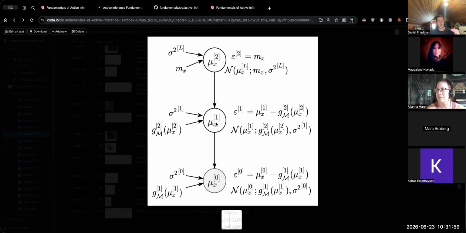Now, exactly analogously, layer 1, second story, is going to get drawn mu sub x of index 1 from a normal distribution parameterized by the generating function of the point estimate of the third story, second layer, and the noise component of first layer.